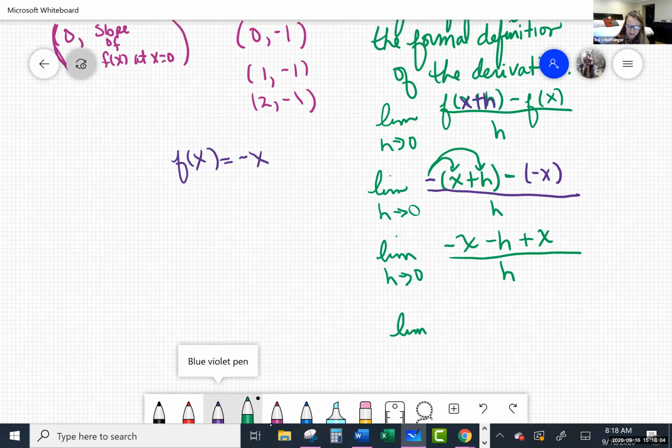So we have a limit as h goes to 0 of -h over h, which both simplify down. We can cancel the h, leaving us with the limit as h goes to 0 of -1. And we said the limit of a constant is always equal to that constant, so it's -1.